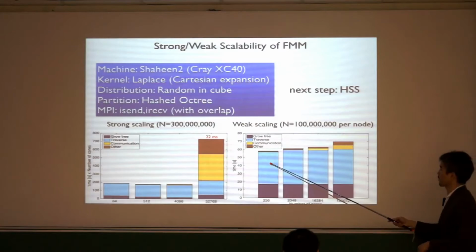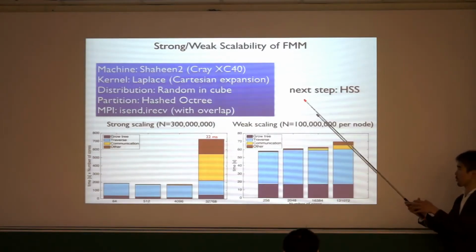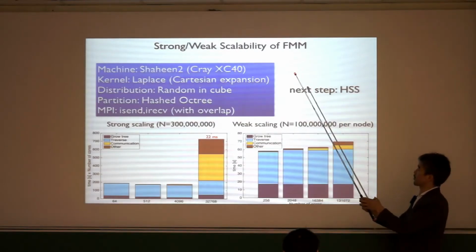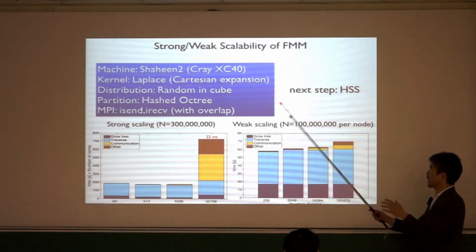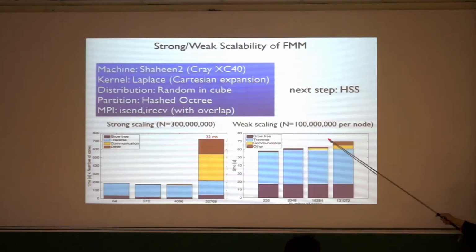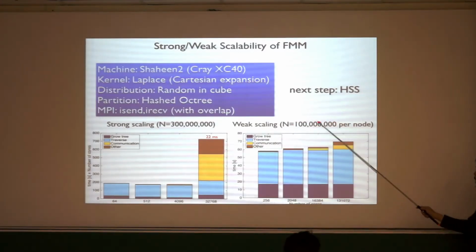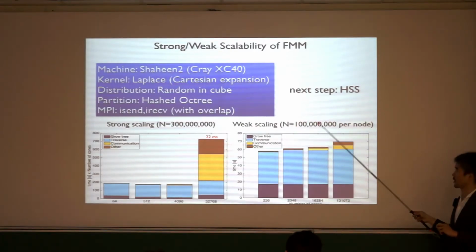If you remember the definition, it keeps the local problem size constant, and it grows the total problem size proportional to the number of parallel processes. It says 100 million N per node. So it's a very big calculation, using many, many nodes, and each of them is calculating this much.